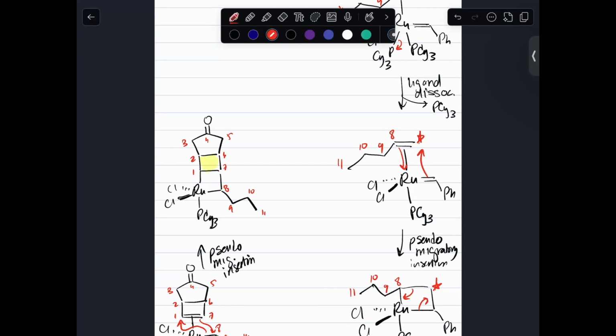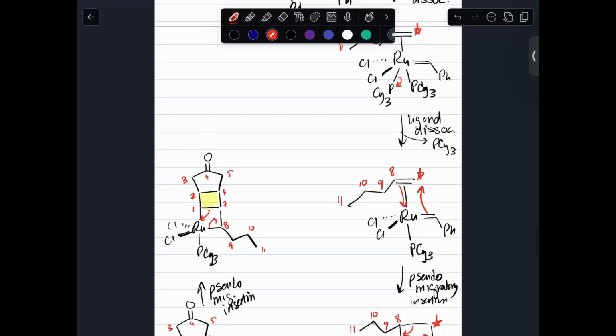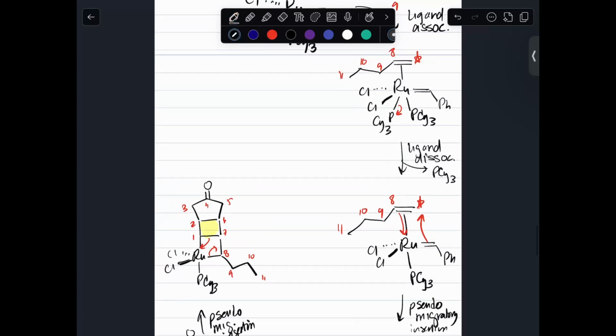Because that's the whole point of ring opening metathesis. You have to open that ring. And this is perfect. I've added one side of my chain, and in this specific mechanism, we were able to complete the right side of the product first.